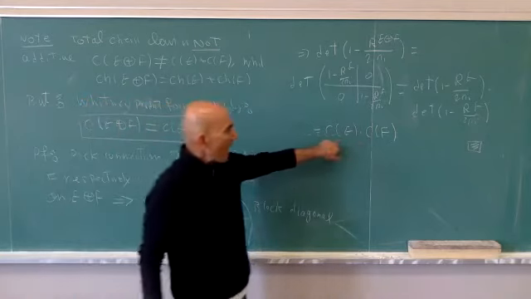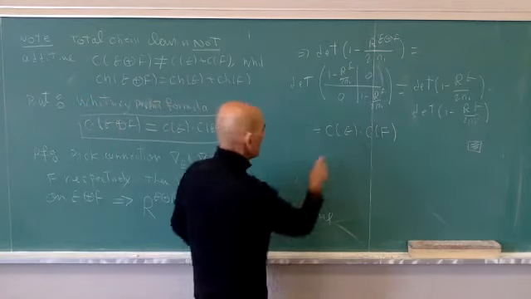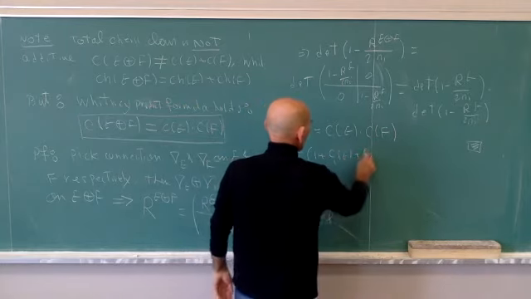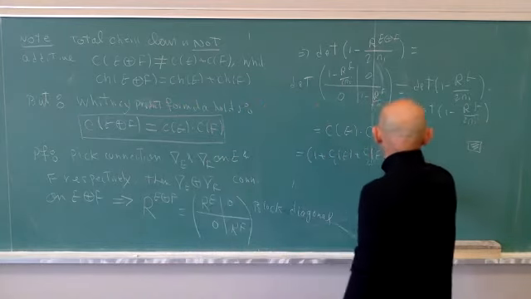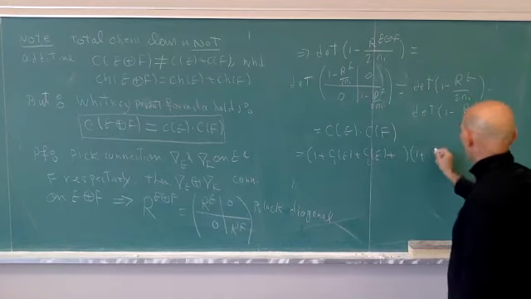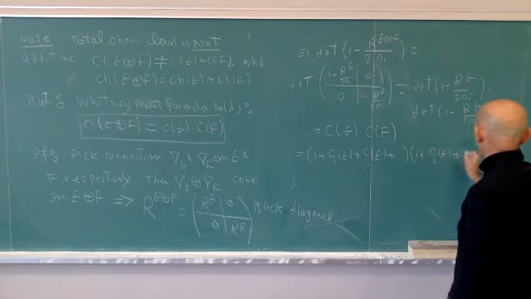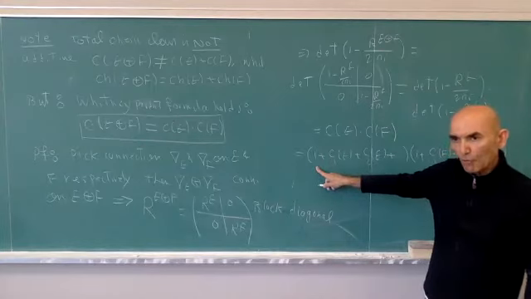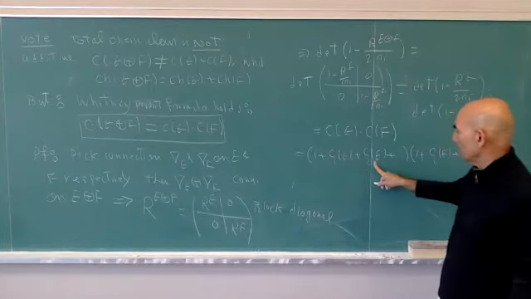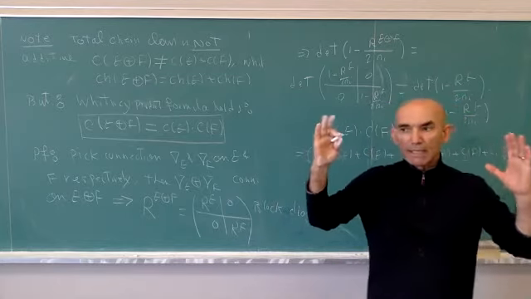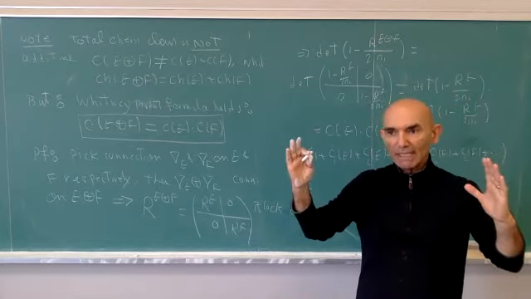If you expand this, it is really like 1 plus C1(E) plus C2(E) times 1 plus C1(F) plus C2(F). Remember, this is a degree 0 form, this is a degree 2 form, this is a degree 4 form, and so on. When you expand it, you can collect terms of the same degree together.